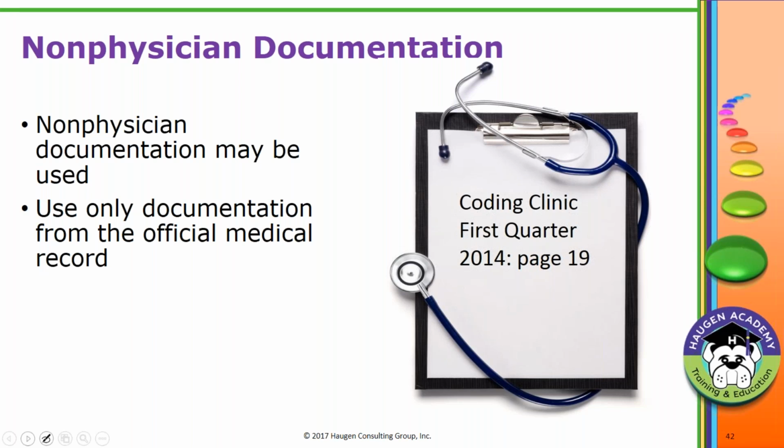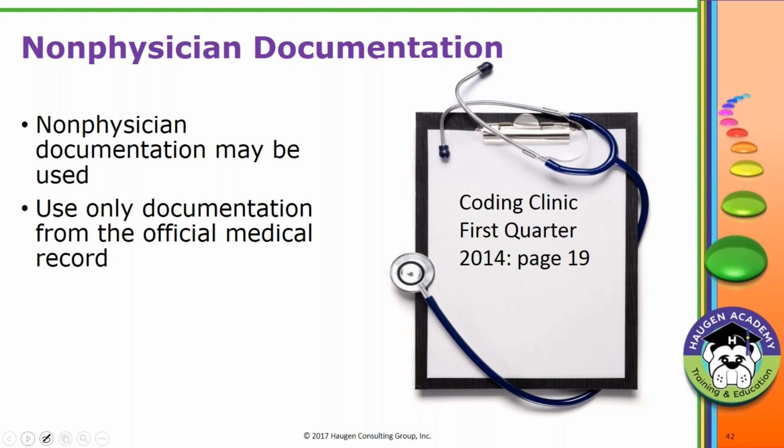And so a question went in asking Coding Clinic to clarify whether coders must use physician documentation, or if we as coders can use information from non-provider documentation, such as those nurses' notes and ambulance transports, or wherever else it might be in that legal medical record, so to make sure that we stay there.